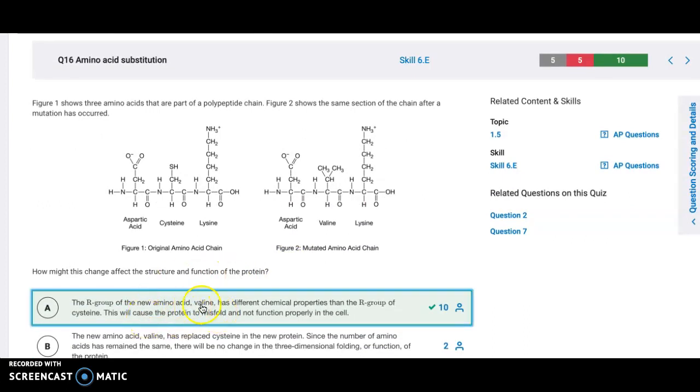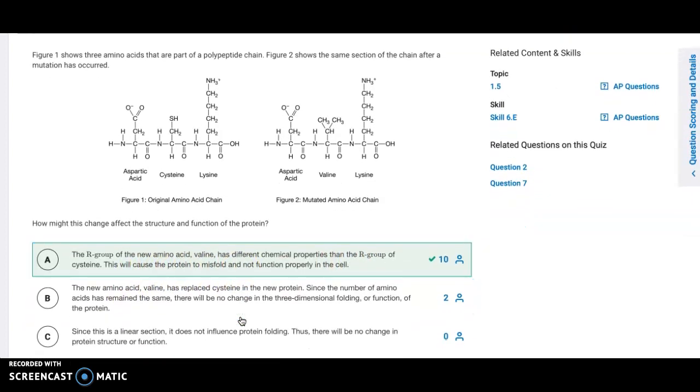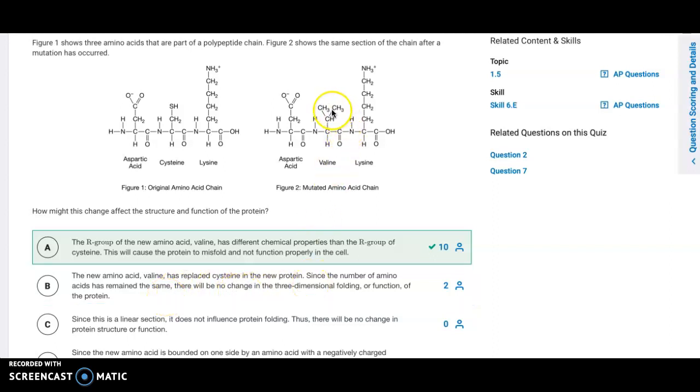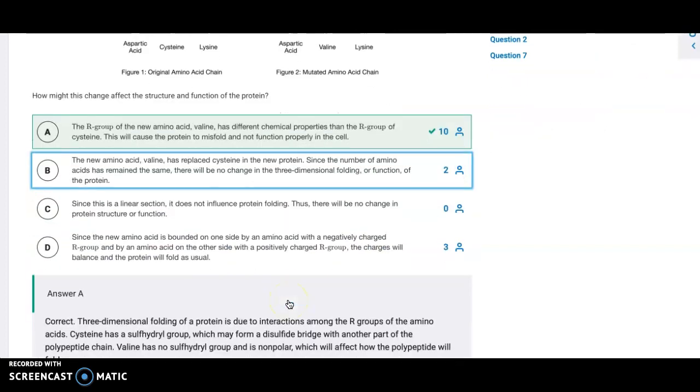The R groups of the new amino acids have different chemical properties than the R groups of the cytosine. This will change the protein to misfold and not function properly in the cell. That's true. The new amino acid valine has replaced cytosine in the new protein. Well, that's true. Since the number of amino acids have remained the same, there will be no change in the three-dimensional folding. That is not true. So you need to understand that these R groups are going to change the way it folds, right?